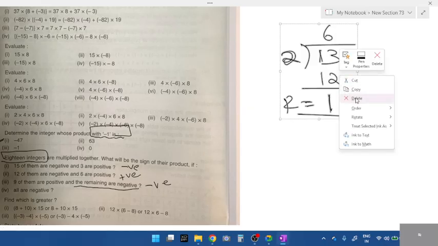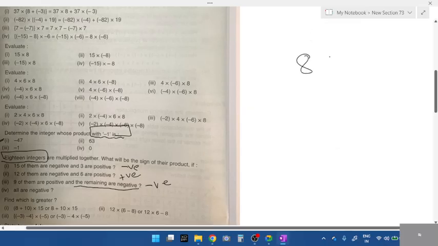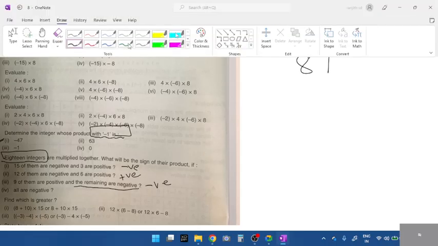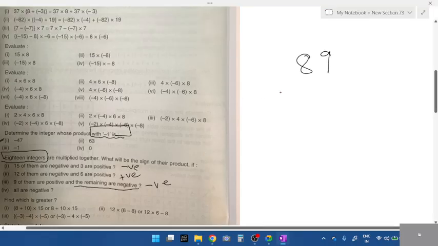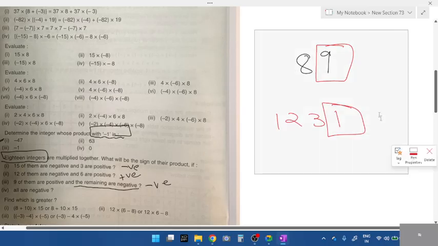Odd number. Clear? If I write 89, what is 89? How do you say 89 is odd? Very good. We always check the last number, right? Even if they give any greater numbers like this, is it even or odd? Last number is 1. If 1 is odd, the entire value is odd.